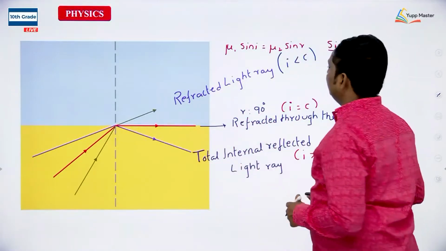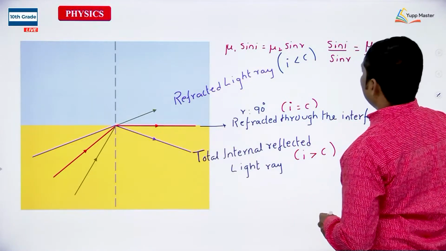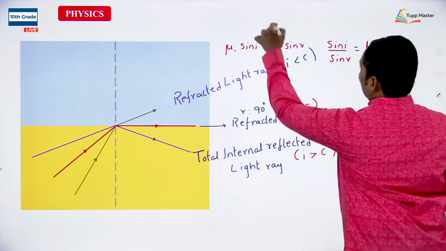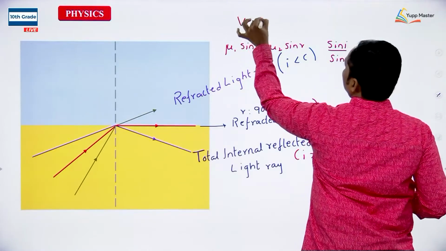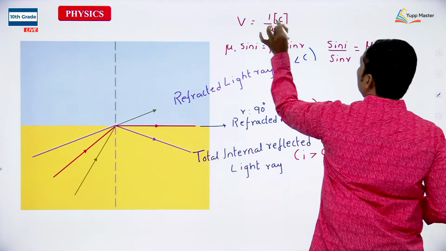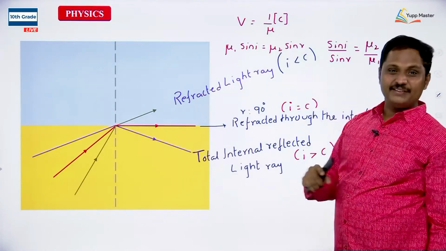The speed is going to be reduced by 1 by mu times, into the refractive index. It is very clear.